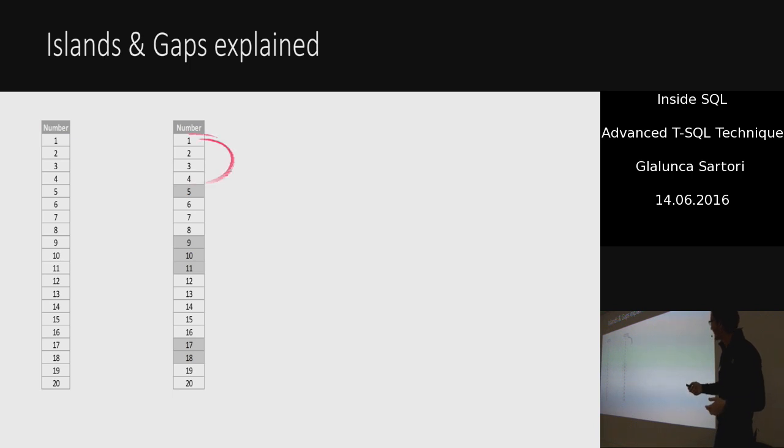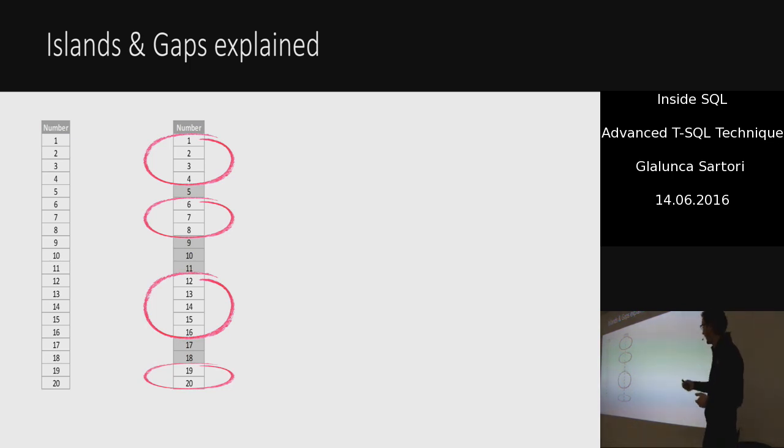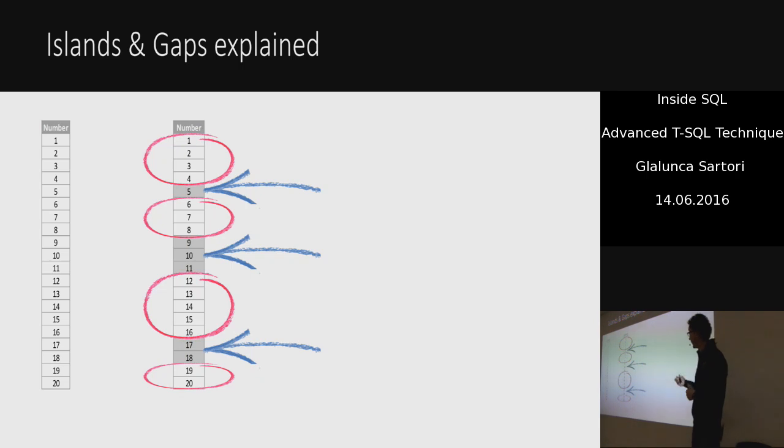So what you have here is some islands, which are the values that are not missing, consecutive values, and the gaps are the values that are missing. So in order to identify these islands and gaps, there are some solutions.